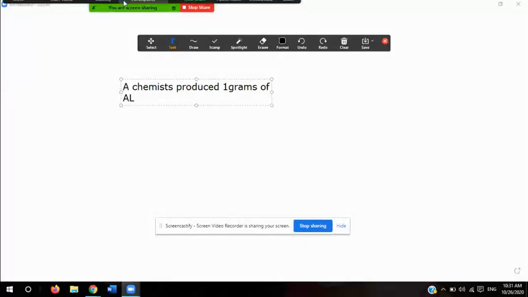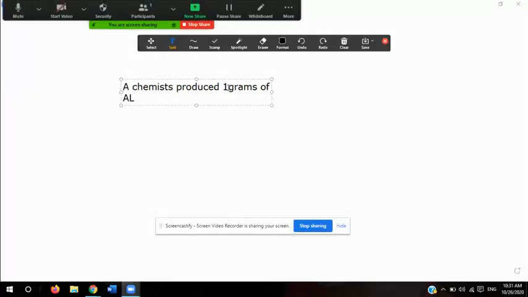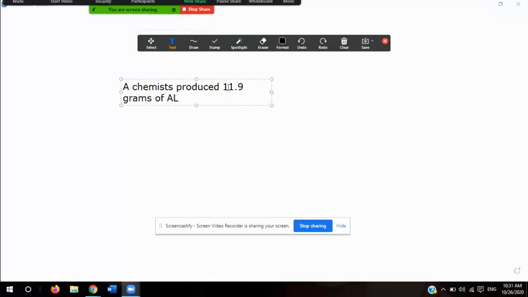Now the question is, how many moles of aluminum were produced?